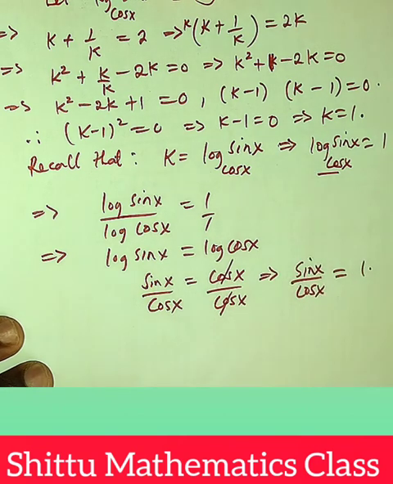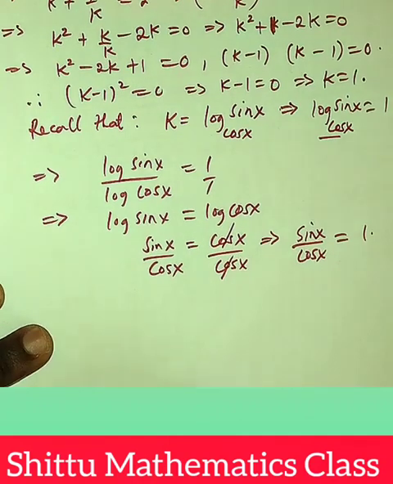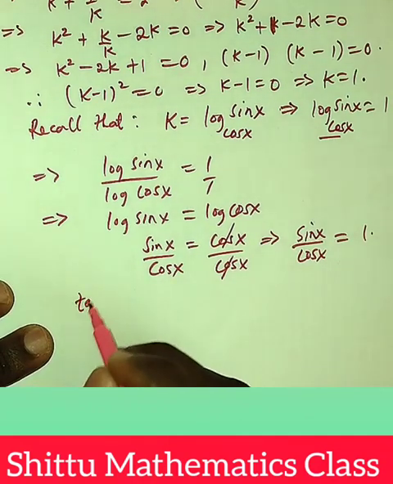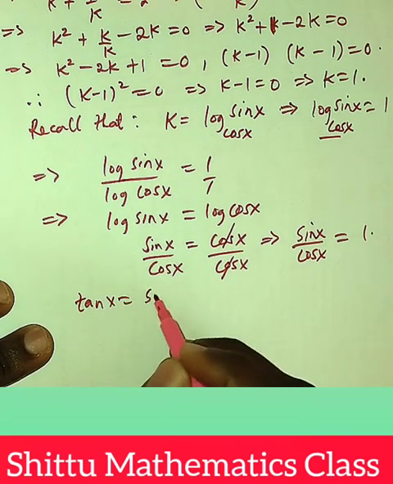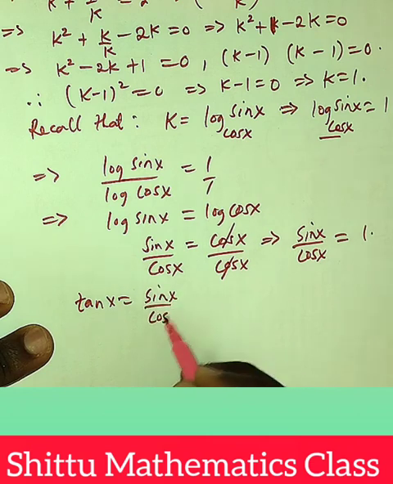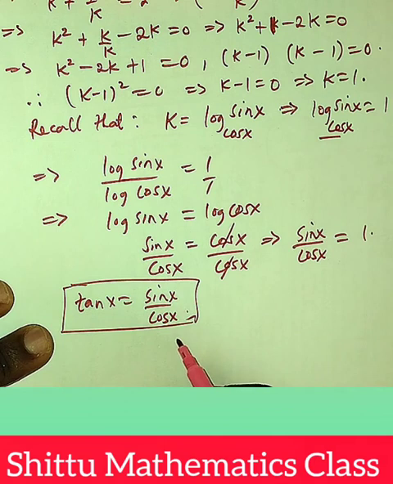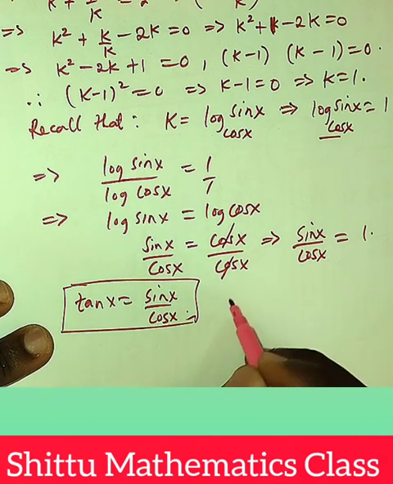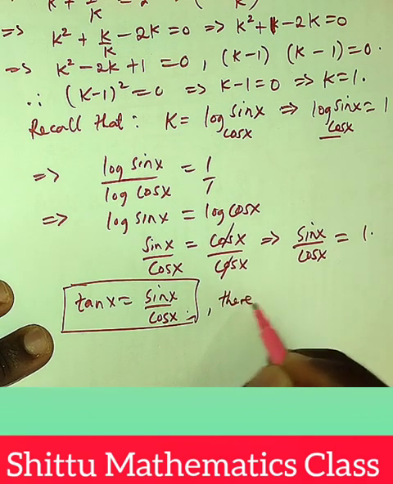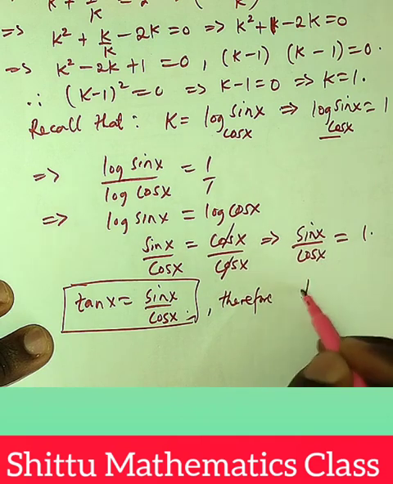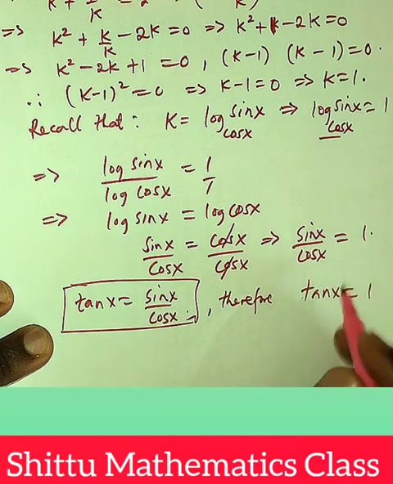So now recall from the trig identity that tan x equals sine x over cos x. I want you to remember that from trig identity. Therefore, this is going to be tan x equals 1.